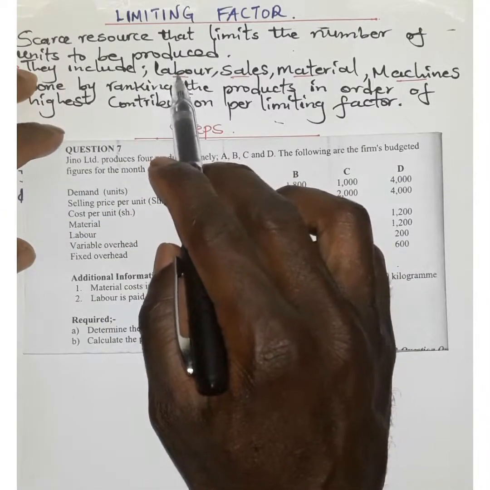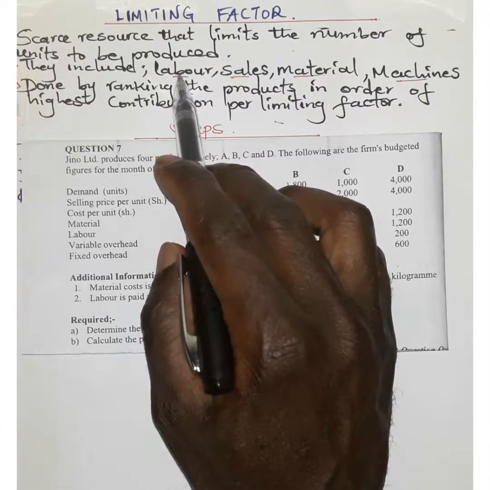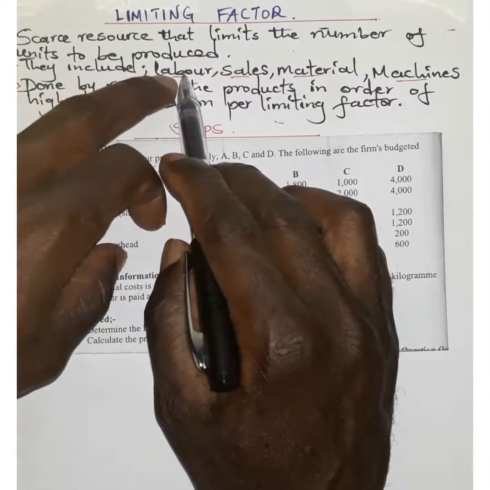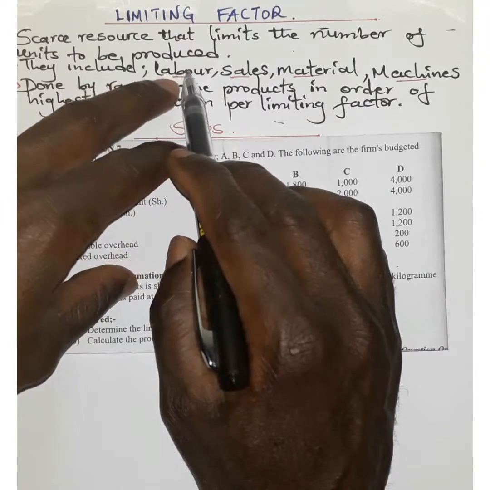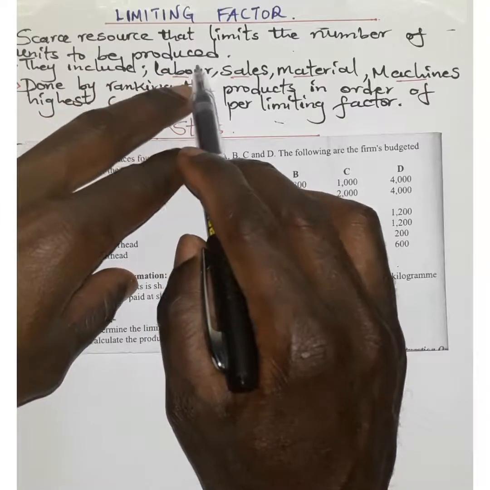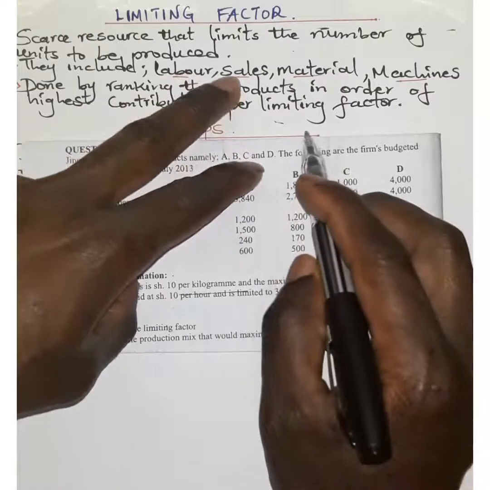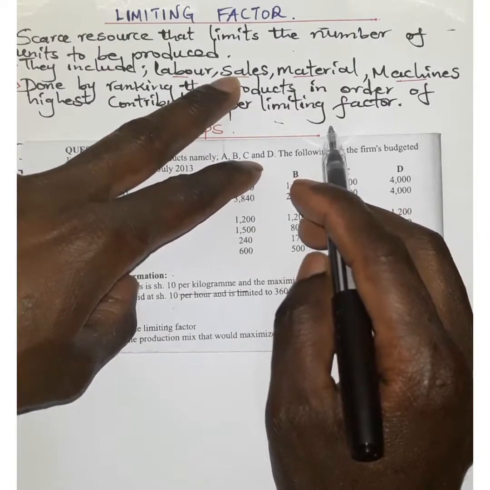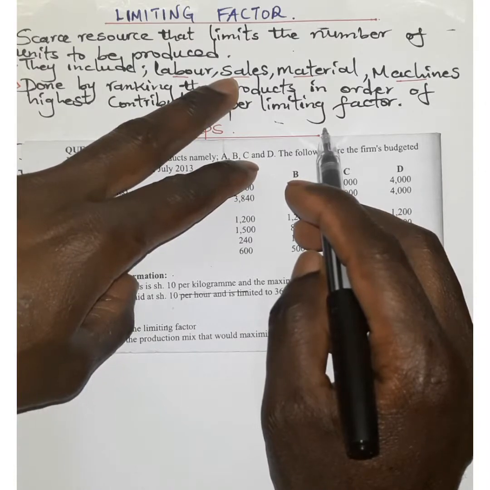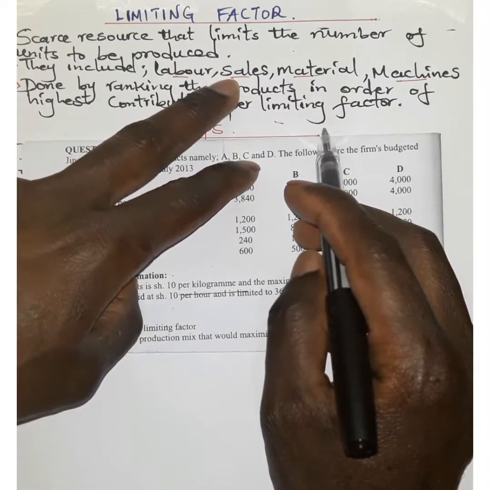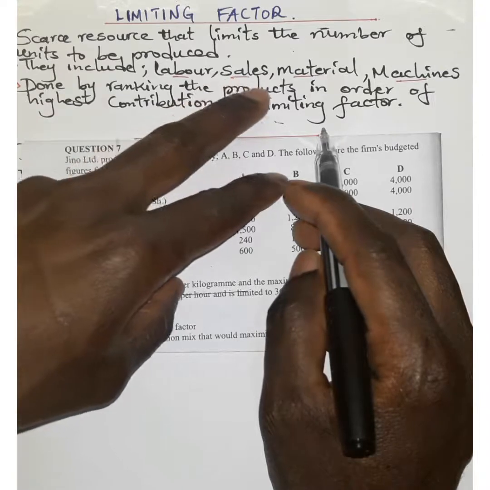For example, the labor hours may not be enough, as the number of workers may not be available, or the number of hours may not be availed according to the payment that is allocated. Then sales: the number of units that you can sell are limited due to the fact that we have a limited market base.